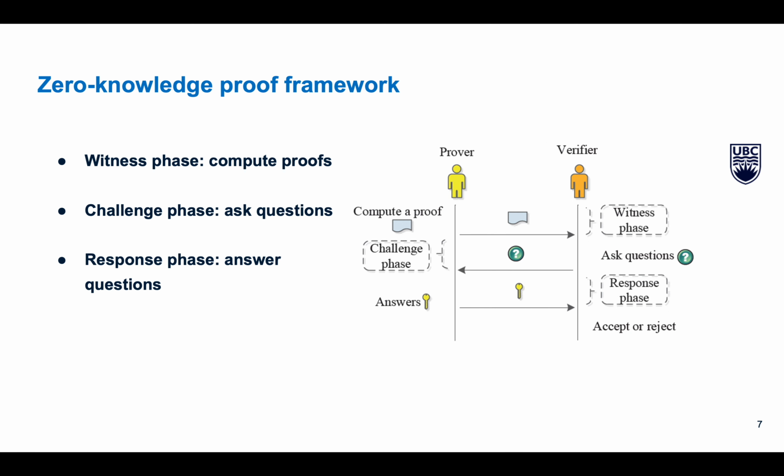The challenge phase. The verifier asks the prover several questions, and finally the response phase. The prover answers the questions, and the verifier can accept or reject the generated proof. In the above phases, no private data will be leaked.